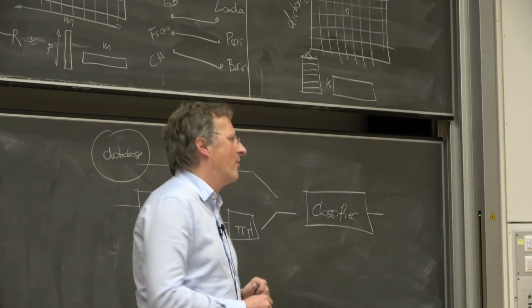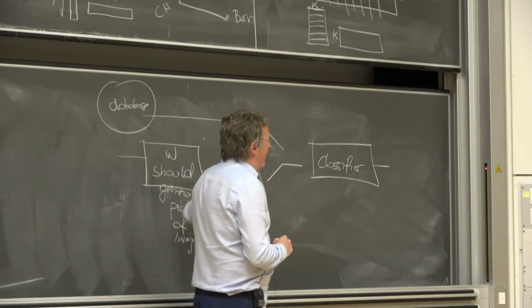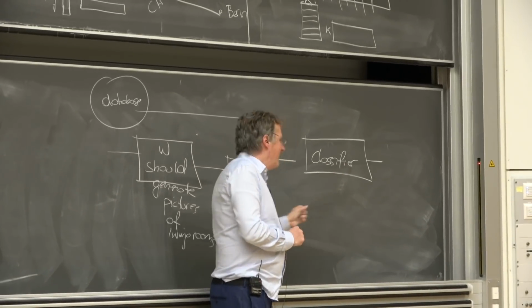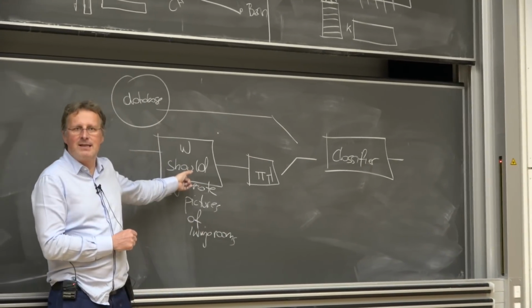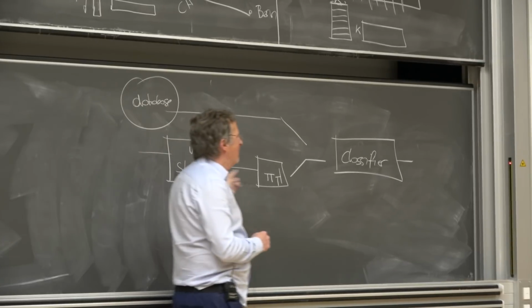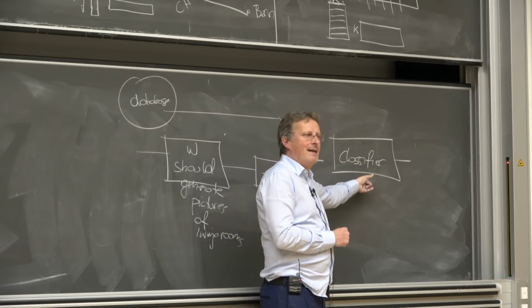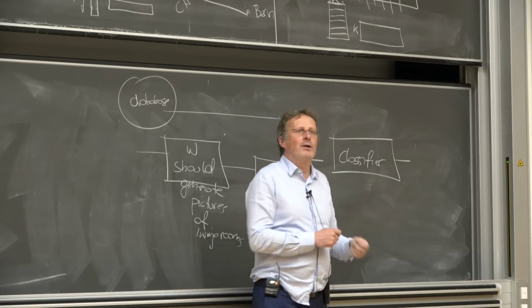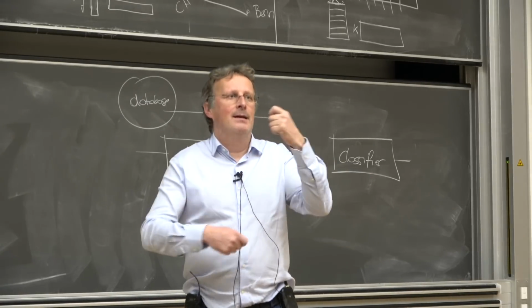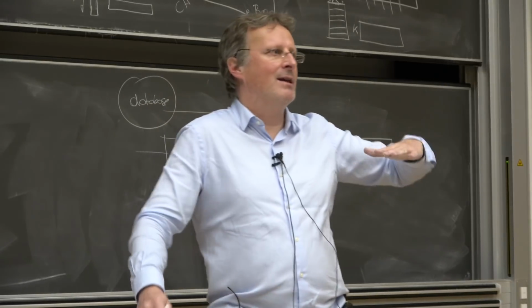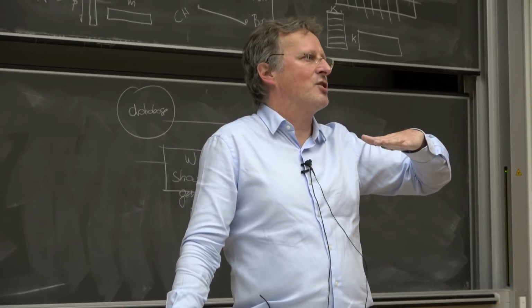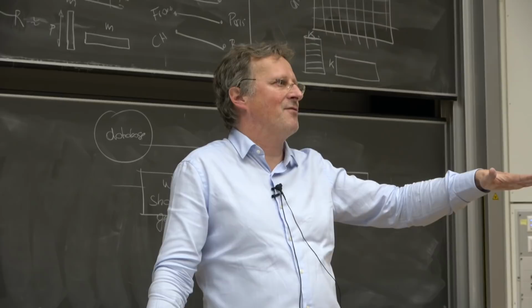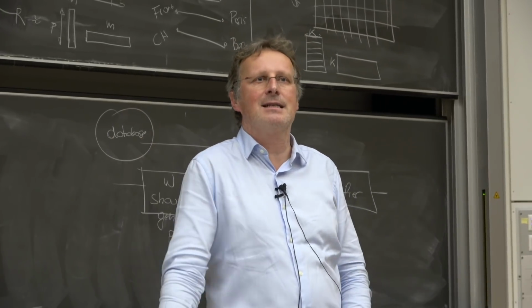So the aim is now the following. These two things are adversaries. Okay, this guy should try to make as good pictures as he can. This guy will try to find, no matter how good this guy is, will try to be able to distinguish the two. Okay? And now what you do is you train them in rounds. Given something that generates pictures, you try to find the best classifier until the classifier can actually distinguish.